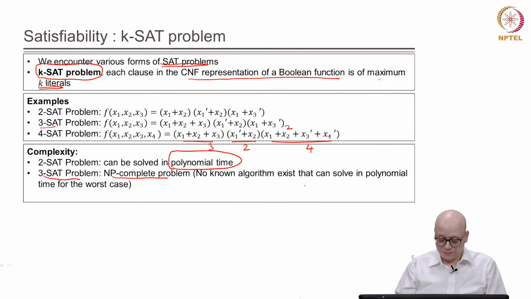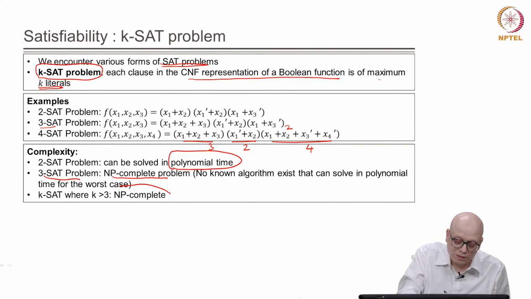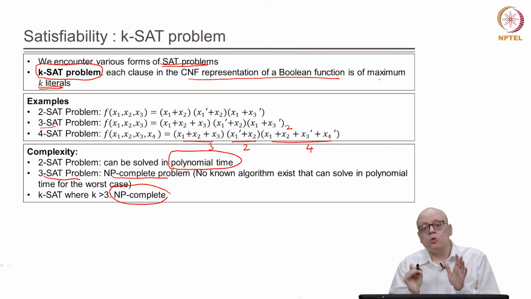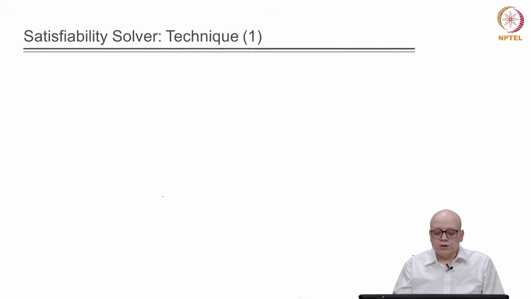Now, the k-SAT problem where k is 3 or greater is an NP complete problem, meaning that if k is 2, then it is polynomial. If k is 3 or greater, then it is an NP complete problem. Okay.